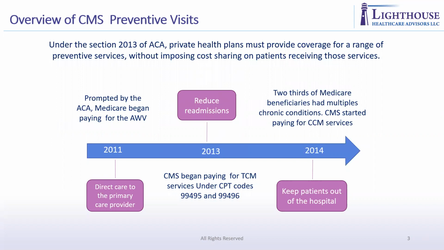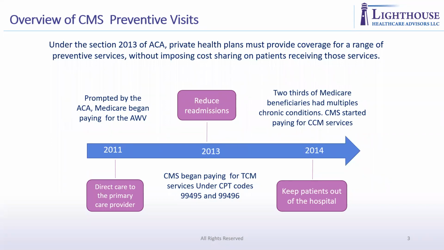And we see this sort of focus on directing care to the primary care provider. And then in 2013, CMS began paying for the TCM visit, which we're going to review today, which are CPT codes 99495 and 99496. So with transitional care management codes, we see the focus starting to shift in reducing readmissions.